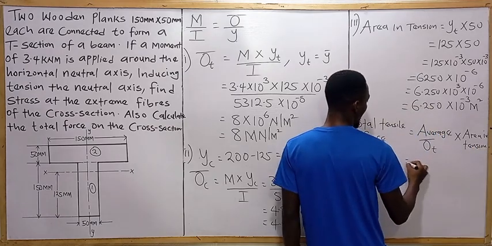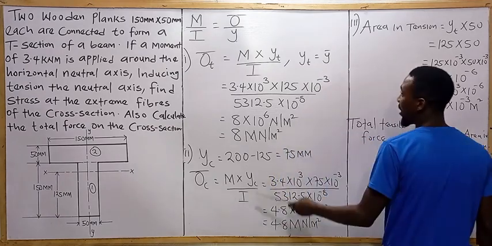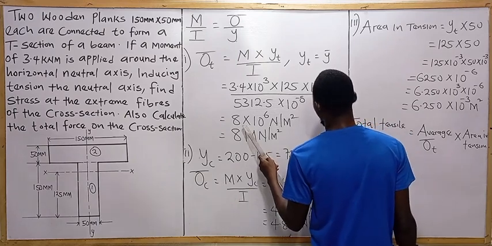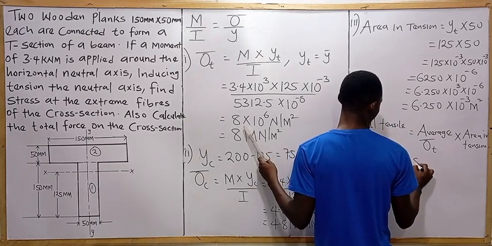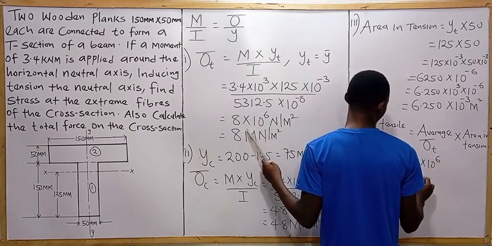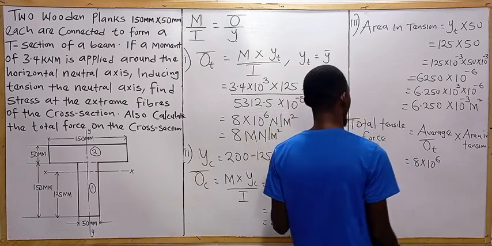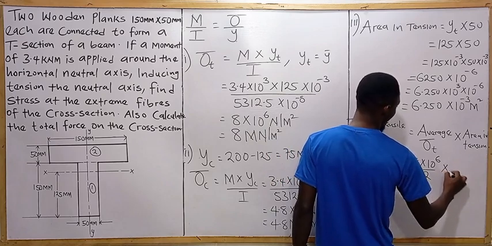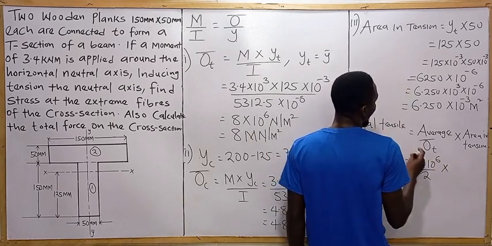All right. So this will be equal to the average tensile stress, which is 8 times 10 to the power of 6. Don't forget, this one is in meter, right? Okay, so divided by 2, then multiply by the area in tension.